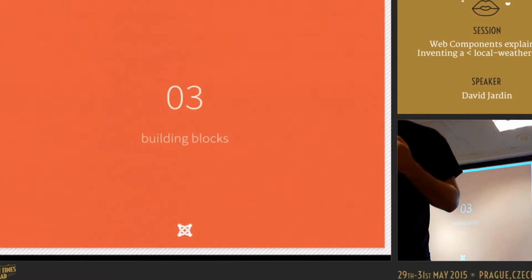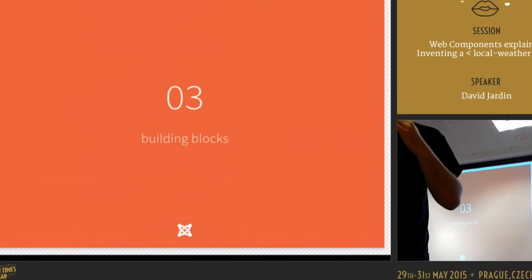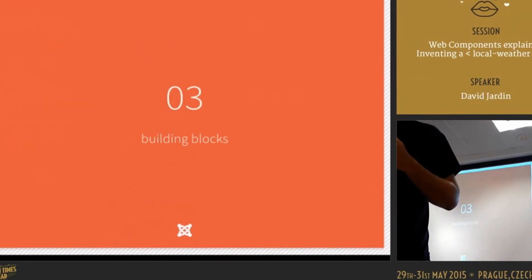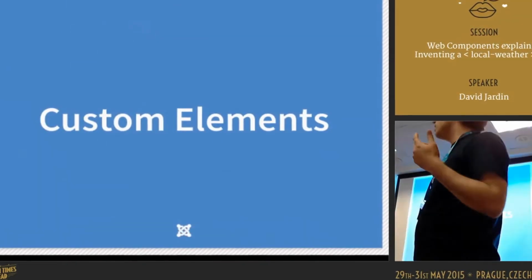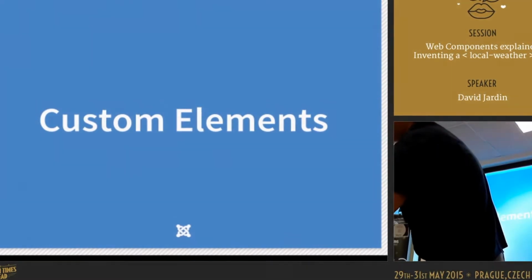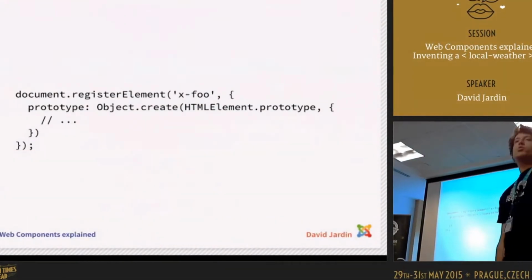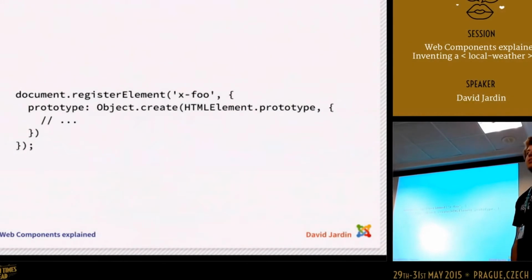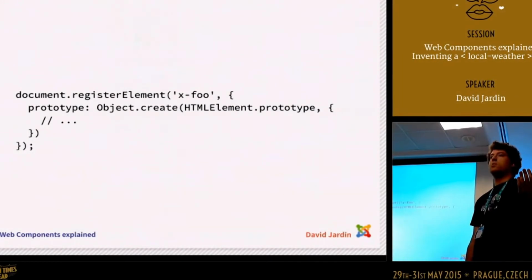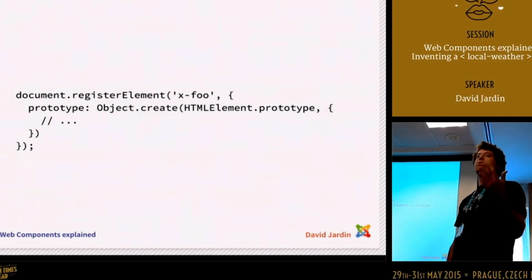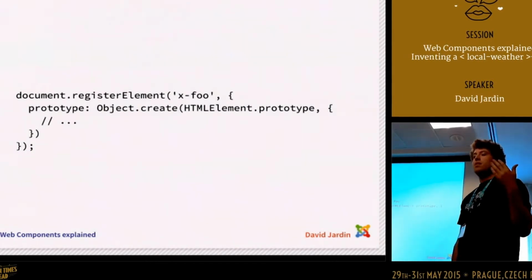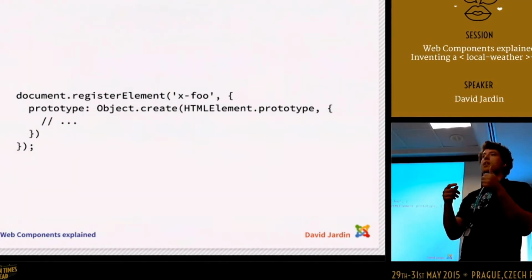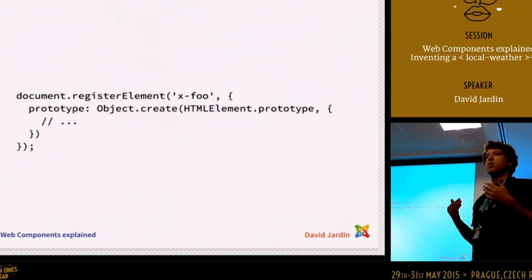But I think it makes sense to explain some building blocks of how this works first. The first building blocks are custom elements. Right now, if you create a new HTML tag in an HTML document, call it foobar or something, you will be able to style it, and the browser doesn't complain about it.